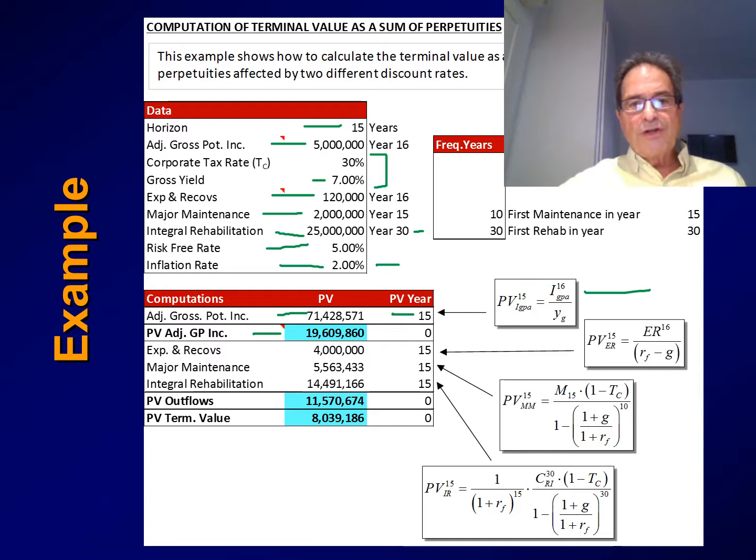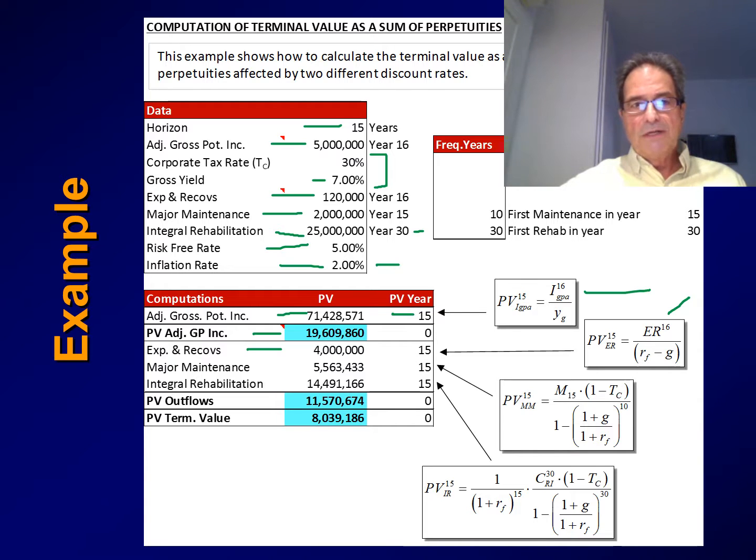Now let's go to the other items. First, expenses and recoveries. We know that expenses and recoveries were 120,000 in year 16, so we just discount that to year 15, assuming that it is a growing perpetuity, growing at the inflation rate, and we apply this formula here. Present value will be equal to ER divided by RF minus G, and we obtain 4 million as the present value at the end of the horizon.